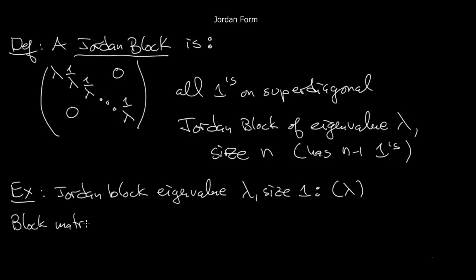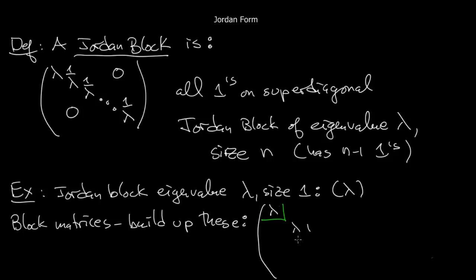And what we're going to do is make block matrices and build them up out of Jordan blocks. So you can take a little 1 by 1 Jordan block, and then you could take a size 2 Jordan block and put them together sort of in block diagonal form like this.